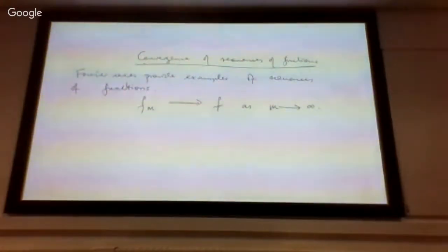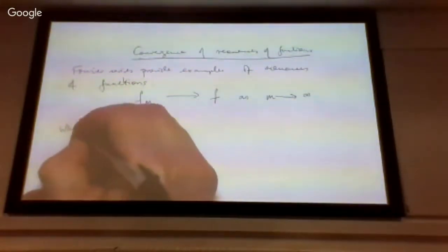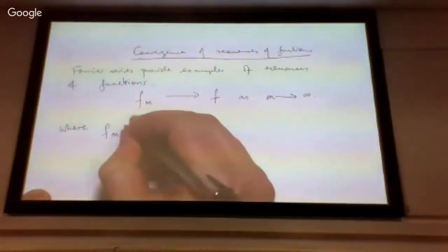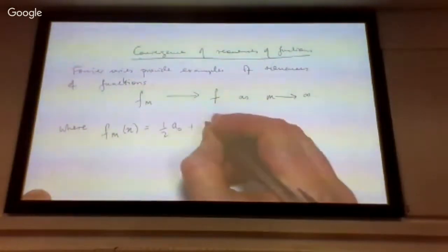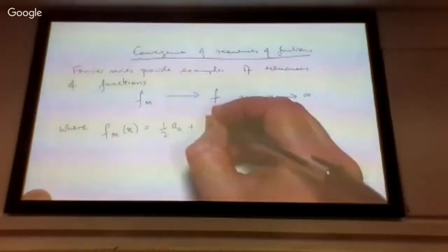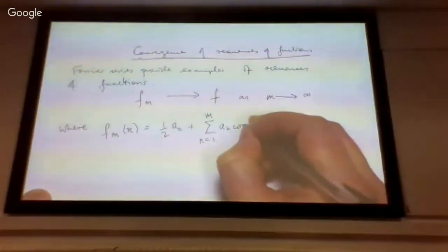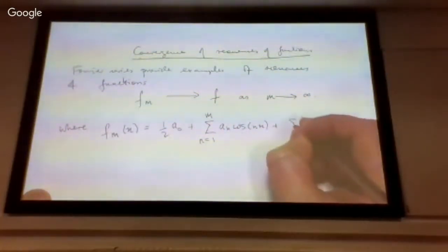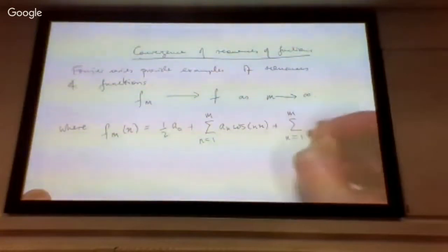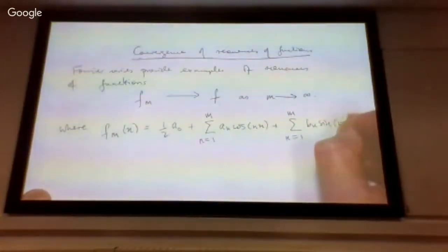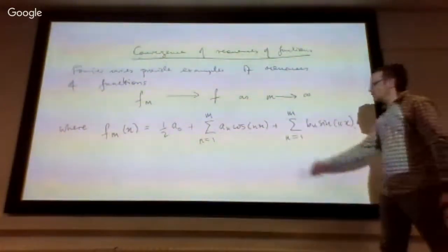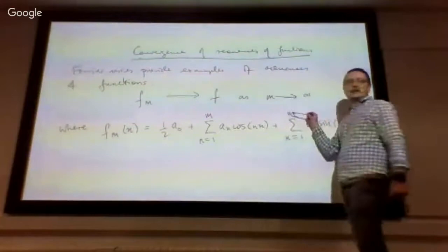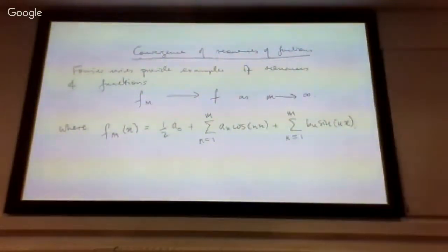And of course, the way those are presented to us in Fourier series is where fm of x is the partial sum: the sum n equals 1 to m of an cosine nx plus the sum n equals 1 to m of bn sine nx. So that's the Fourier series expression, but with the upper limit of m on the finite sums, not infinity.